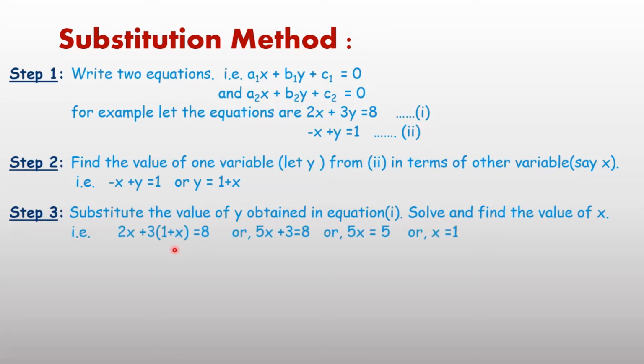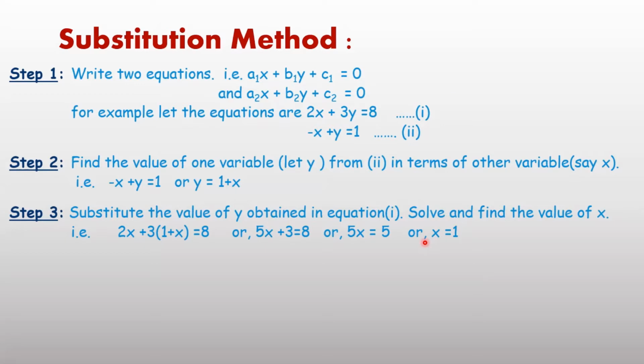You will get 2x + 3(1 + x) = 8. Simplified, 2x + 3 + 3x = 8. 2x + 3x is 5x, so 5x + 3 = 8, or 5x = 8 - 3 = 5, or x = 1.